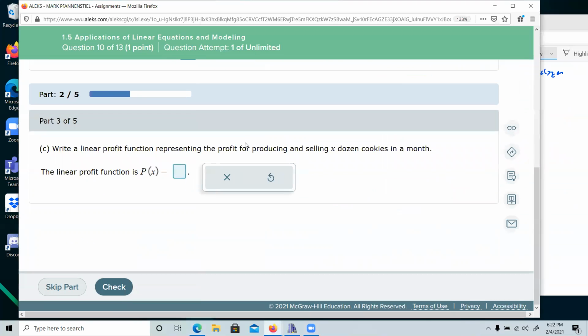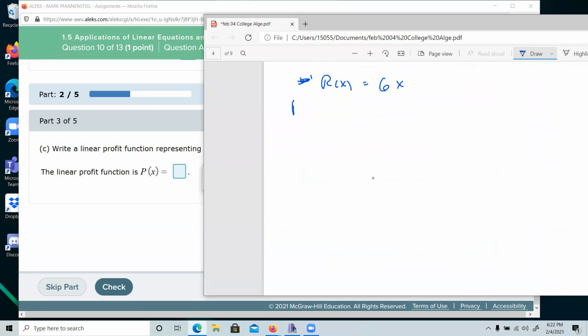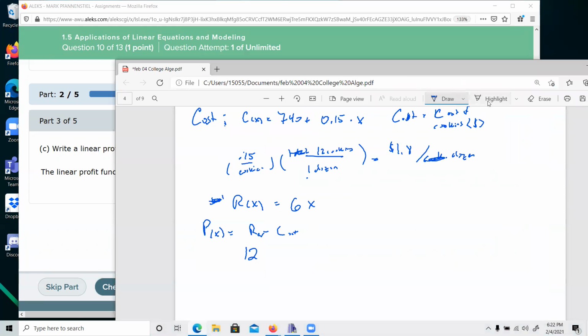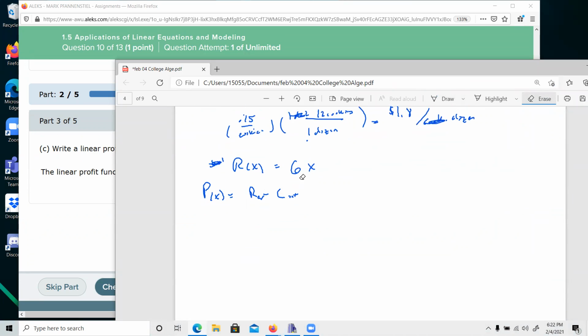All right, very good. And now we're going to figure out the profit, which is the revenue minus the cost. Okay, so profit is equal to revenue minus cost. And now we got to type that stuff in. Revenue was 6x minus the cost.